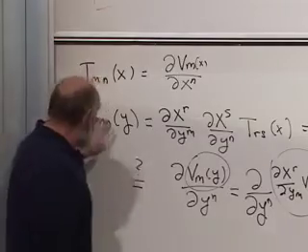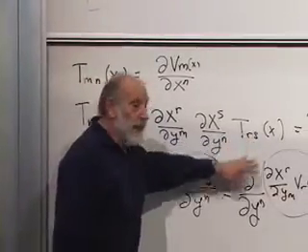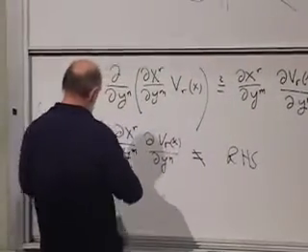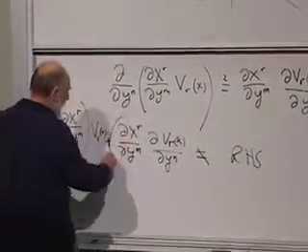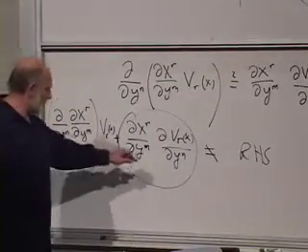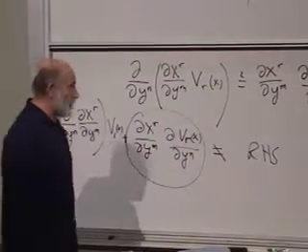So if T really does transform as a tensor, this has to be the right answer. It differs from what you might have expected, namely this over here, by this extra term.